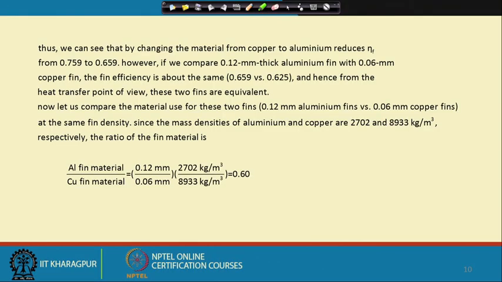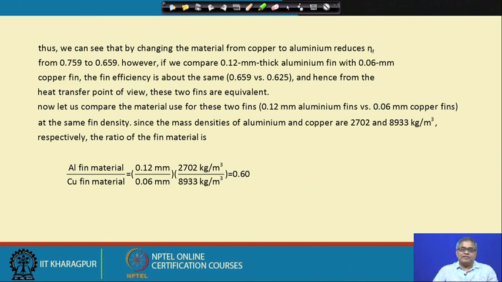So here it is very important: changing the material from copper to aluminum reduces fin efficiency from 76% to 66%. However, if we compare a 0.12 millimeter thick aluminum fin with a 0.06 millimeter copper fin, then the efficiency is about the same.